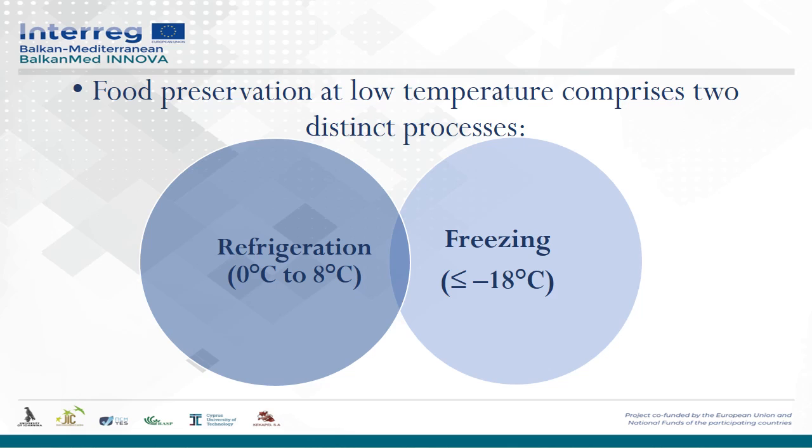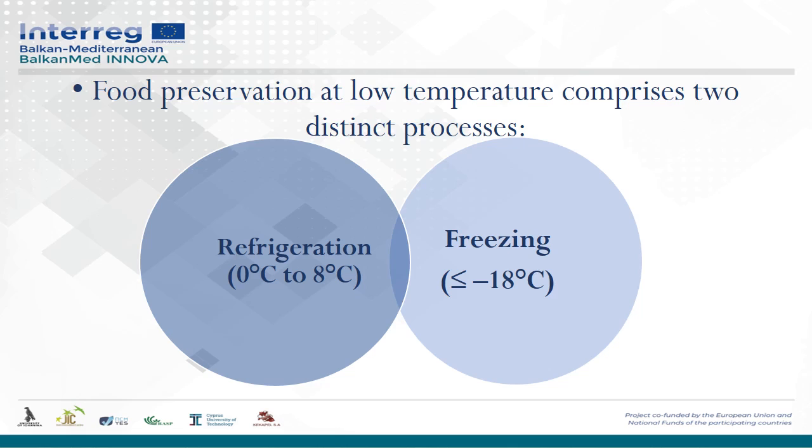But what I want to mention in this case is that by freezing, many changes may be caused to the food product. The food in this case will change color, will change texture, but there are some products like meat or fish that need this very low temperature.